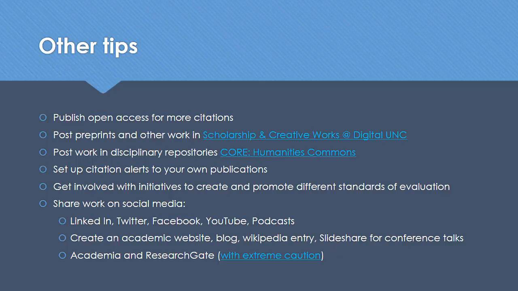There's many out there. Some, like SSRN, are now profit-based. Some are nonprofit, such as CORE, which is a humanities discipline-specific repository. Other ways to tell your research story: you can sign up for citation alerts when someone cites you.